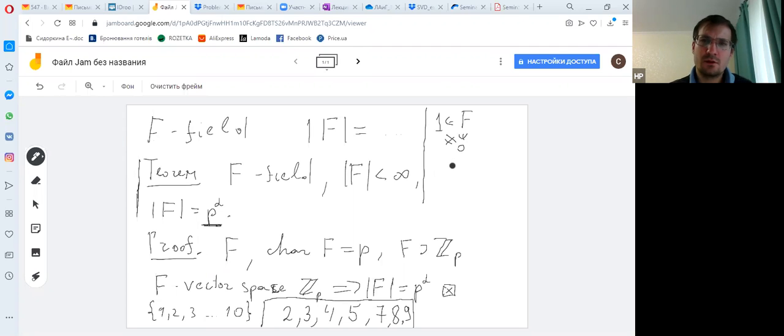But we can take different definitions, and the field with one element exists in some definitions and does not exist in another.